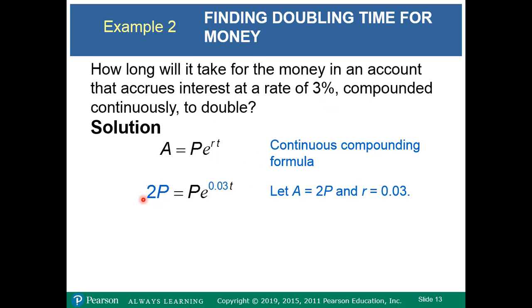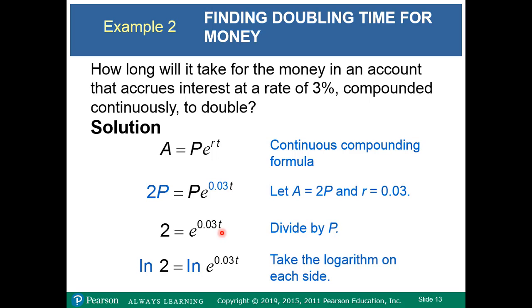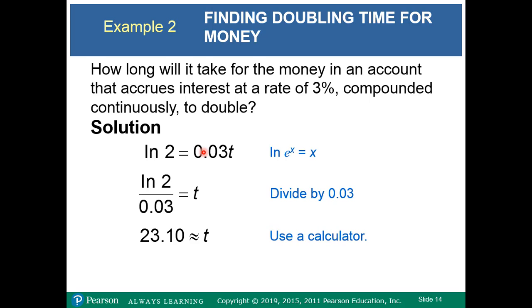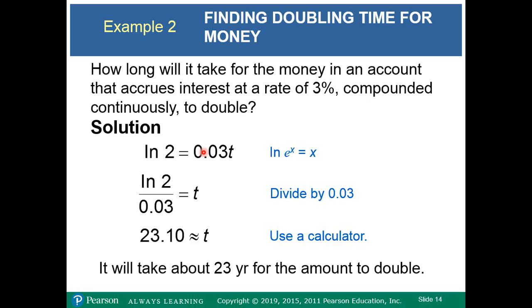So that means our future value will be double this value, so 2 times P. And if we divide by P, it just becomes 2. And then if we take the natural log of both sides, then this is going to become 1, and we get this out. And now we just divide both sides by 0.03, and we get t is approximately 23.1 years. So approximately 23 years for your money to double.